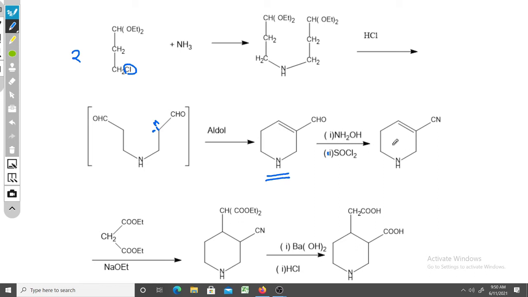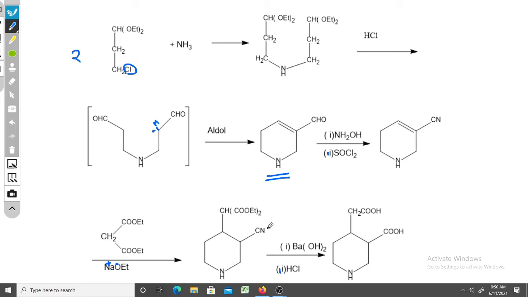Then it will condense with diethyl malonate in the presence of sodium hydroxide. Then we have this compound, which on reaction with barium chloride and HCl undergoes hydrolysis, and one carbon dioxide molecule is eliminated from here.